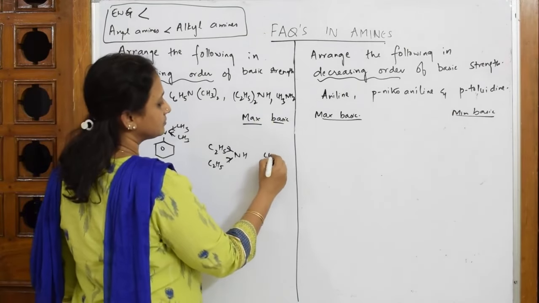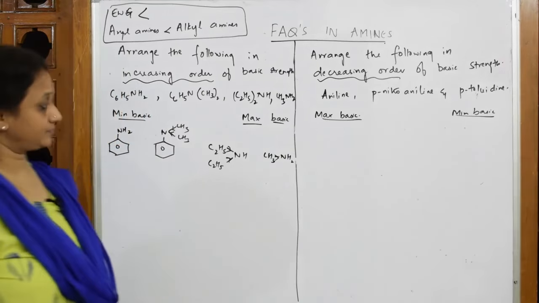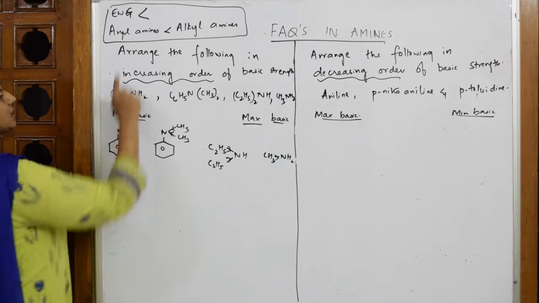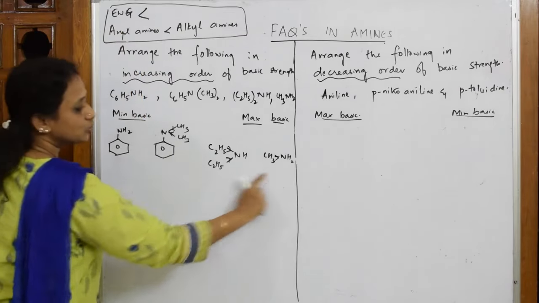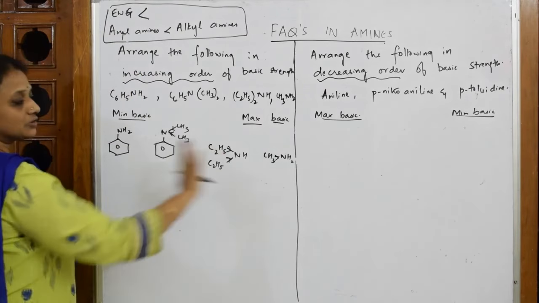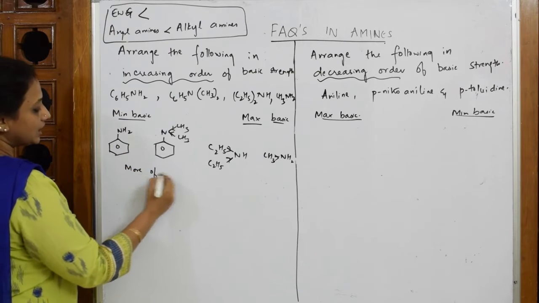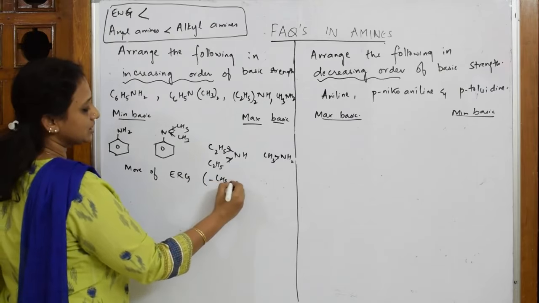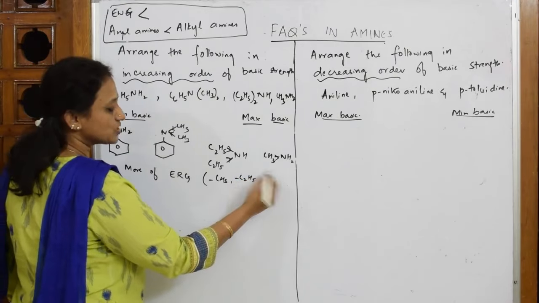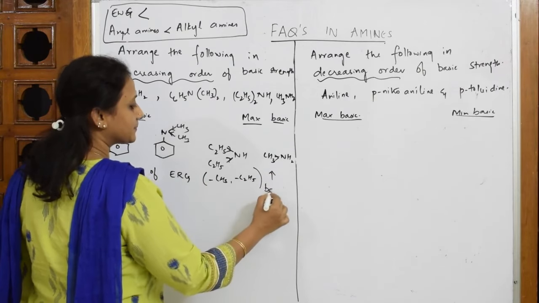This one, methyl group donating. Yes, done. Now, what did I say? This is your order. First, are we finding any EWG groups here? No. All are electron releasing. Important thing, the more electron releasing groups like your CH3, C2H5, OCH3, the greater is the basicity.